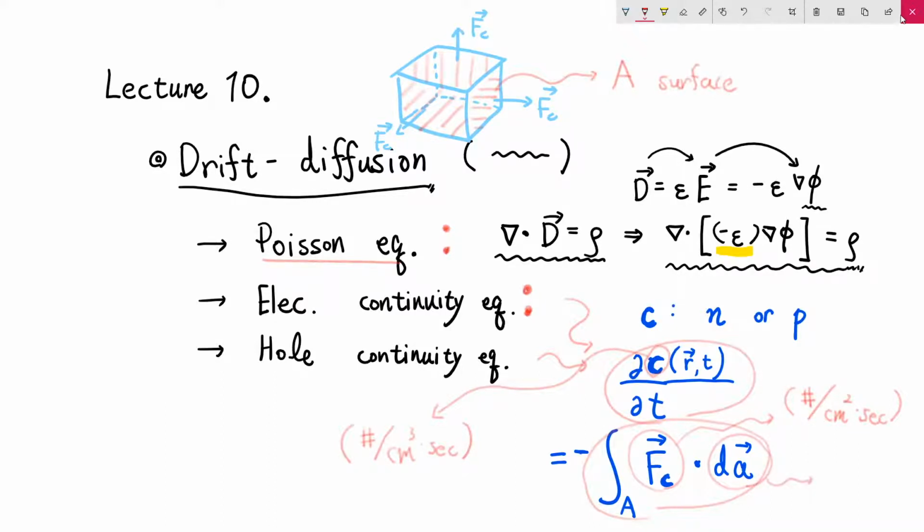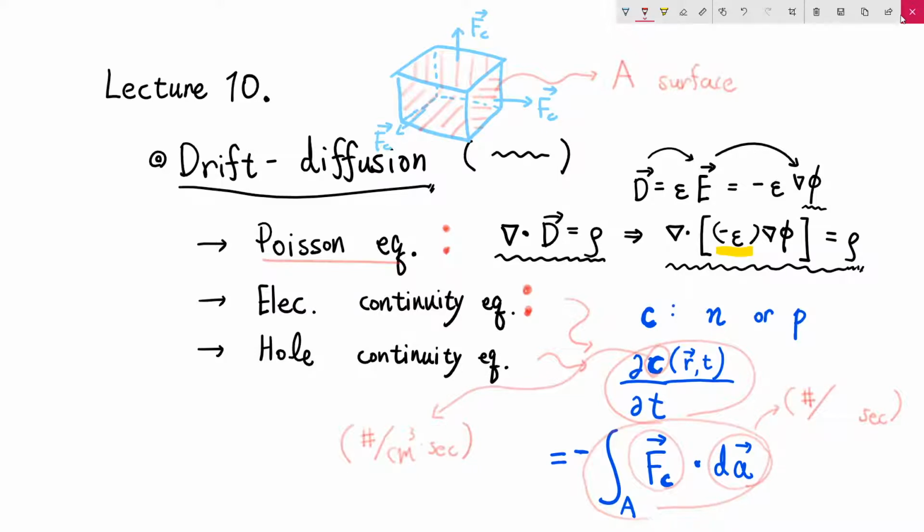This is area, so we have square centimeter. So by combining them all, the overall unit of this quantity is simply given by number per second.